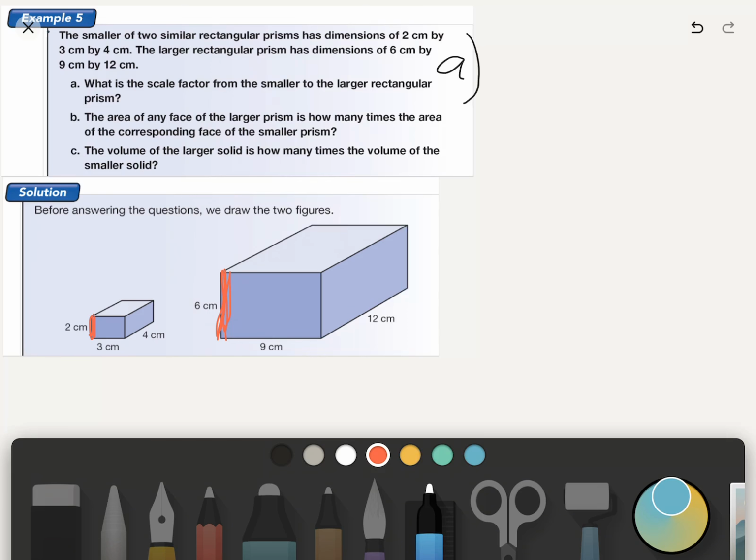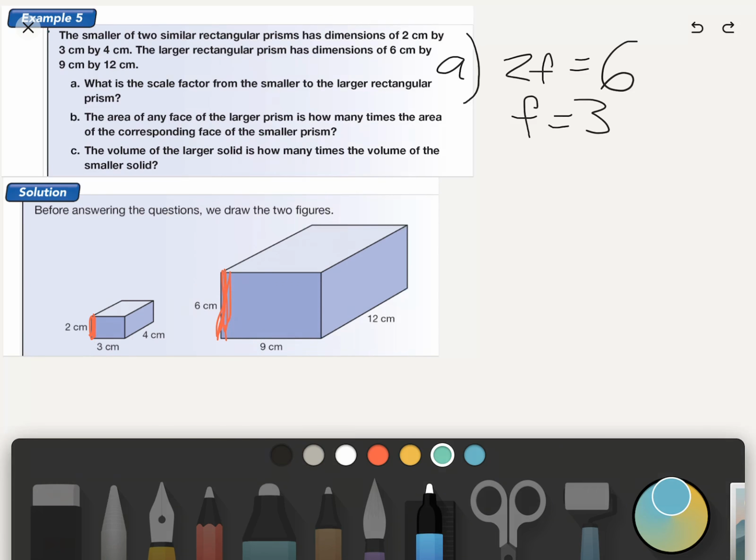Looking at what we did before, 2 times the factor equals 6. So the scale for the edges is a scale of 3. We can look at some of the other sides and see that that's true. The 3 centimeters here times 3 gets us our 9 centimeters there.